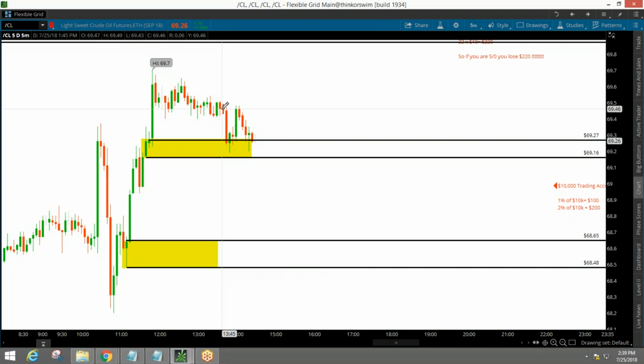Take the same rules. Let's just say you have $2,000 in an account. You're probably going to trade Forex, and you're going to buy like a half a lot, a quarter a lot, stuff like that. You can get your risk down to $25 if you wanted to. That's fine. But when you get into like a better account size or Top Step, then you're going to be using the 1 and 2% rule.